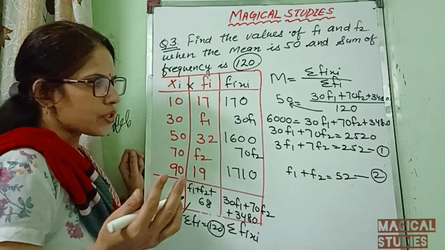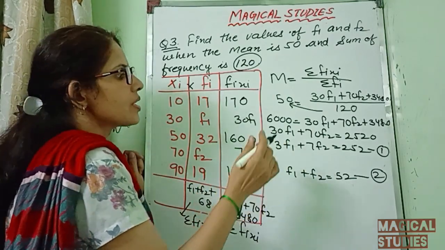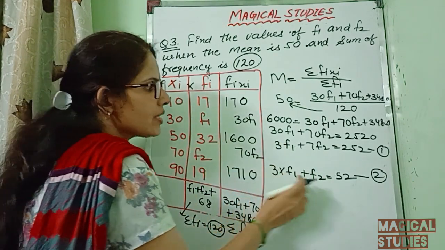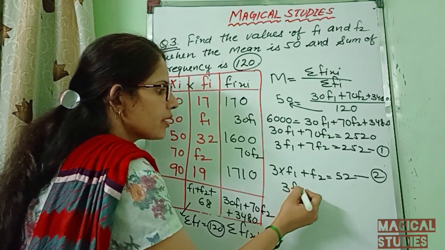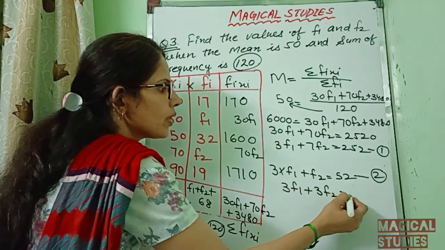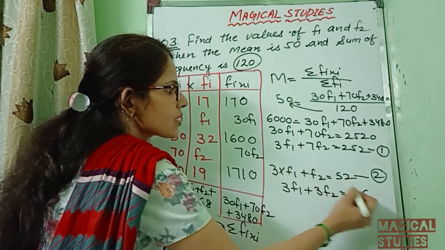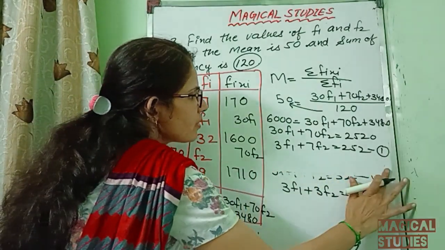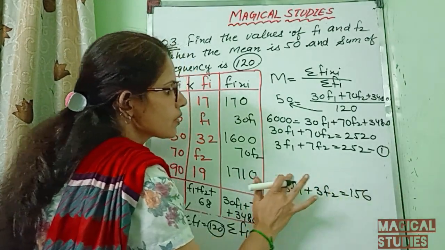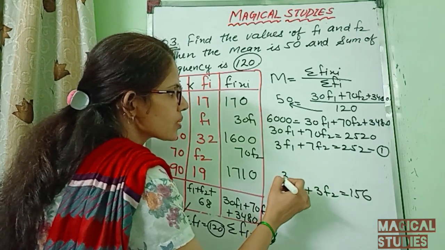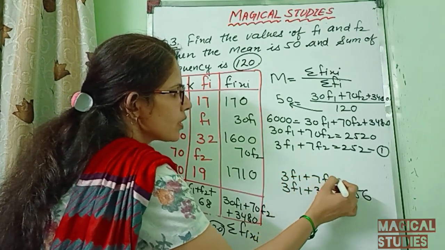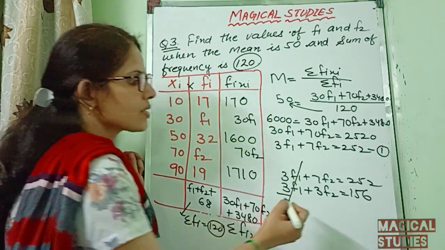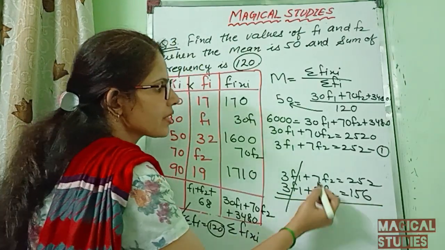How can we solve these two equations? Multiply the second equation by 3. We get 3f1 plus 3f2 is equal to 156. Now subtract: 3f1 plus 7f2 is equal to 252, minus 3f1 plus 3f2 is equal to 156.